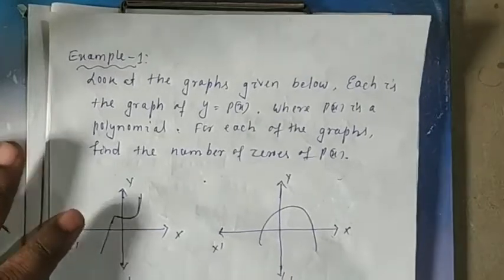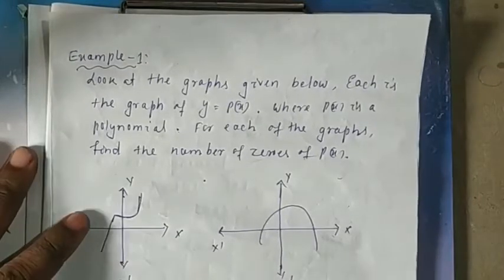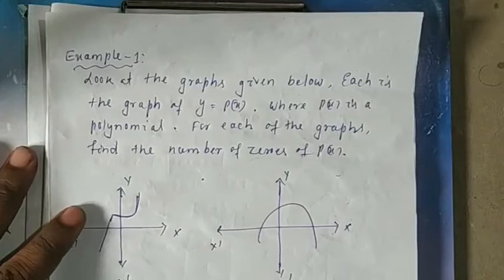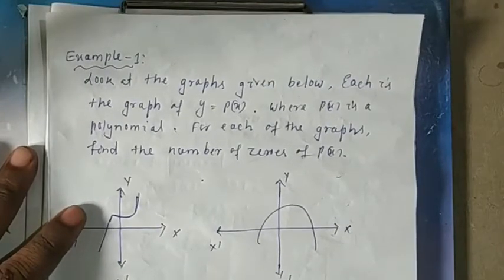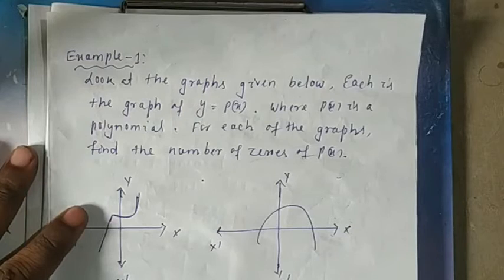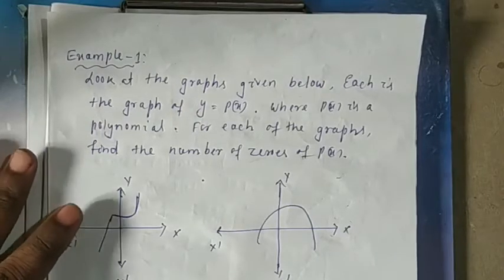Listen students, in the previous video I already explained the geometrical representation of a zero of a polynomial. I took the example of a linear polynomial, quadratic polynomial. Similarly also you can take a cubic polynomial. So what conclusion we got there?